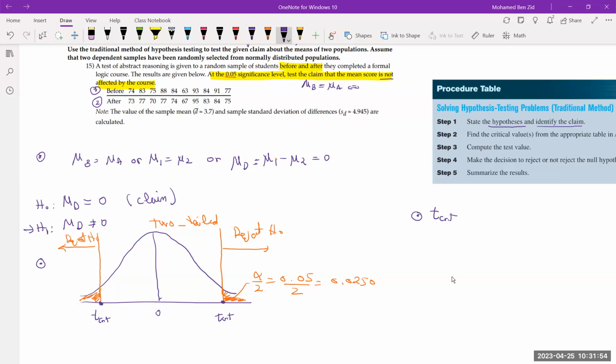For the T criticals, what you need is the degrees of freedom, and that's going to be n minus 1, which is 10 minus 1, so 9. And we need the alpha, which is going to be 0.05. Remember, this is a two-tailed test.